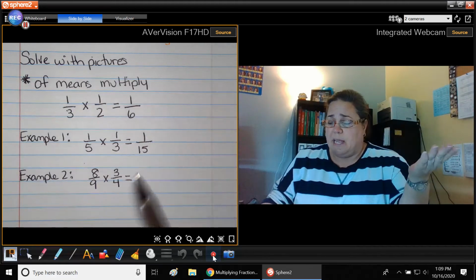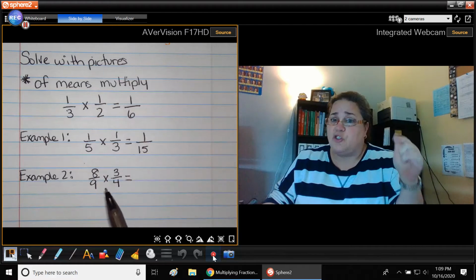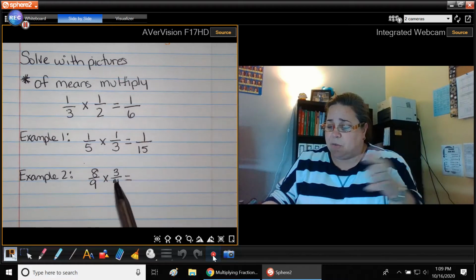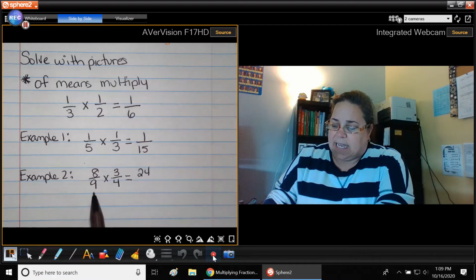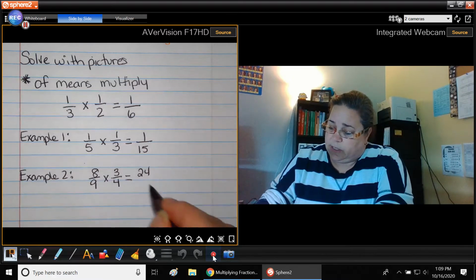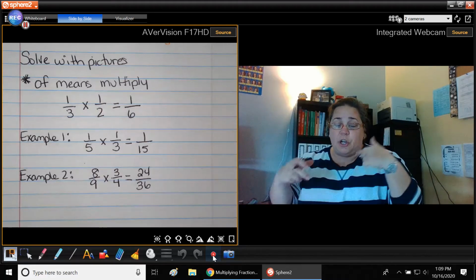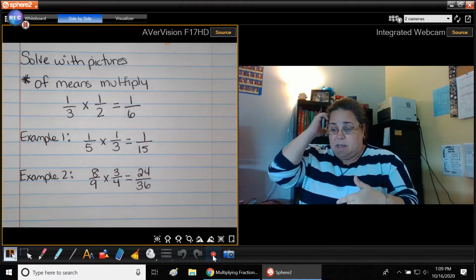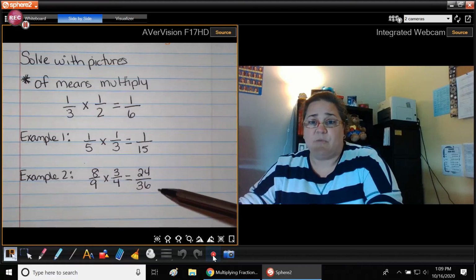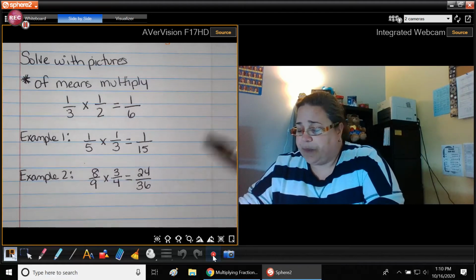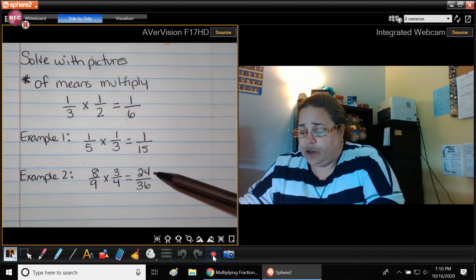Okay, so again, numerator, straight across. 8 times 3 equals 24. 9 times 4 equals 36. But remember, we should always simplify. So now I need to figure out a number that goes into both so that I can reduce it down to a smaller fraction. Well, I know that 8 goes into 24. Does 8 go into 36?